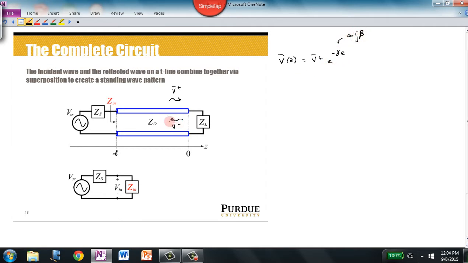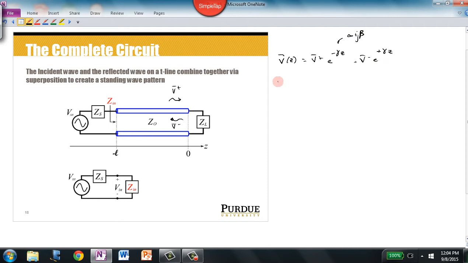And then there was this reflected wave, which had a magnitude and an angle of its own, V bar minus, and it traveled from the right-hand side of the transmission line to the left-hand side, so it had a term of e to the plus gamma z. So a forward traveling voltage wave with magnitude and angle of V bar plus, and a reverse traveling voltage wave with magnitude and angle of V bar minus.